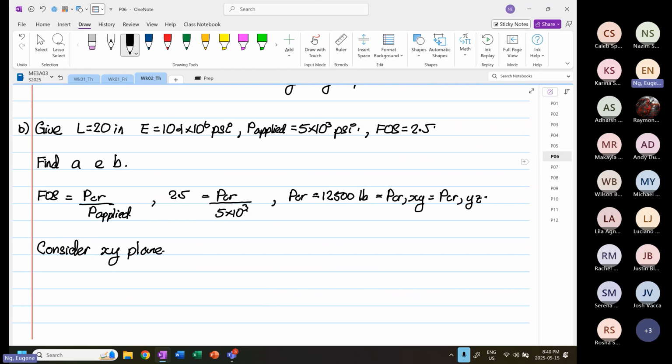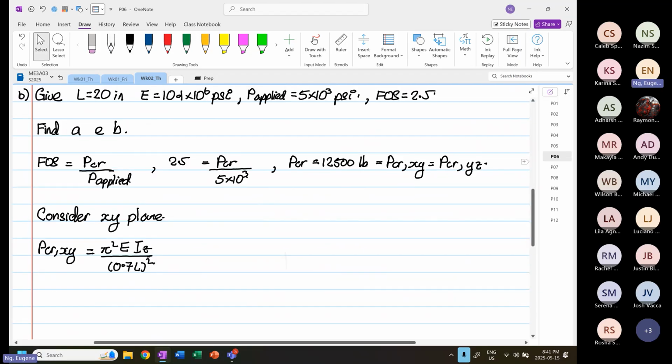The formula that we're going to use is PCR in the XY plane, which is equal to pi squared E IZ over, at the XY plane, the equivalent length 0.7L squared.